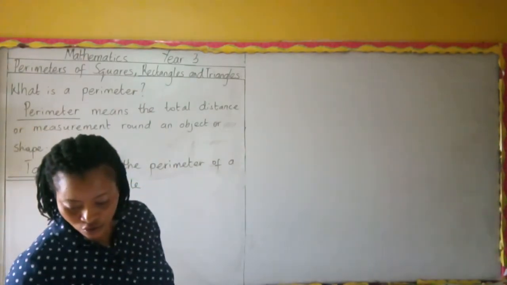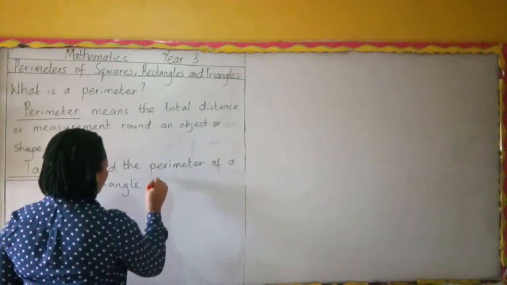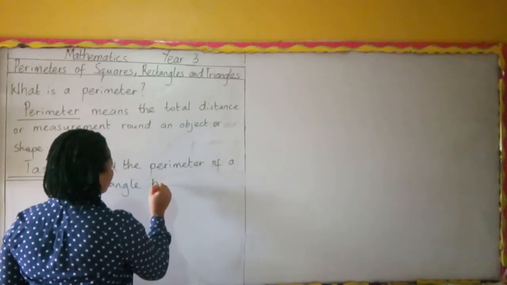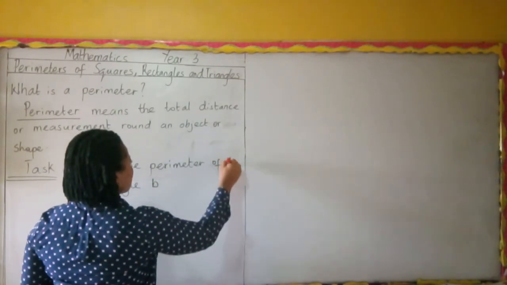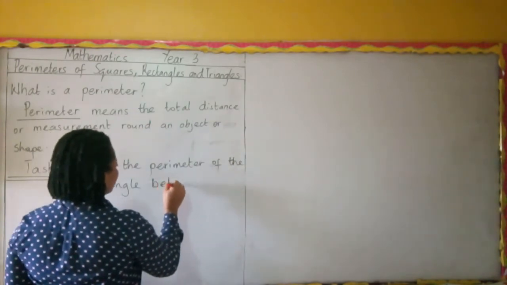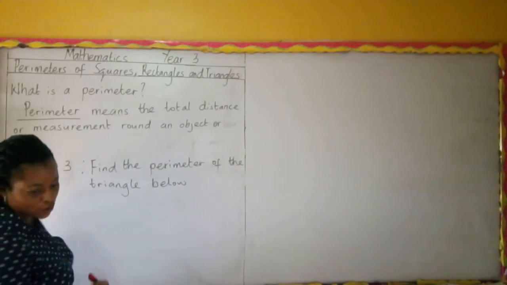Alright. Good. Of a triangle. Find the perimeter of the triangle below. So I'm going to draw one scaling triangle for you.